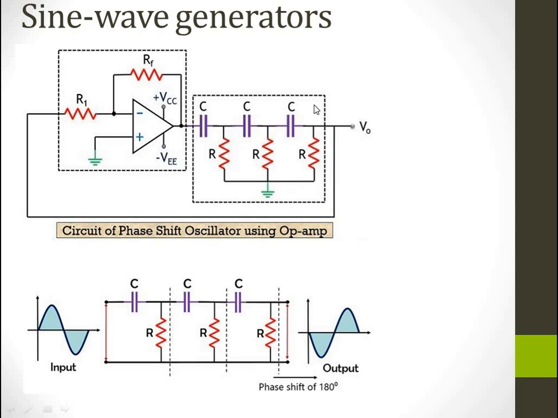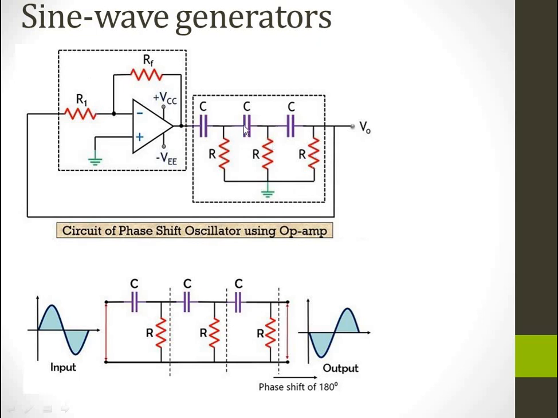We know already what the condition for oscillation is, the Barkhausen criteria, right? The Barkhausen criteria is nothing but the total phase shift around this circuit is 360 degree or 0 degree, and the gain should be greater than or equal to 1. The gain includes the gain of the amplifier stage as well as the gain of the feedback network. The gain of the amplifier is called A and the gain of the feedback network is beta.